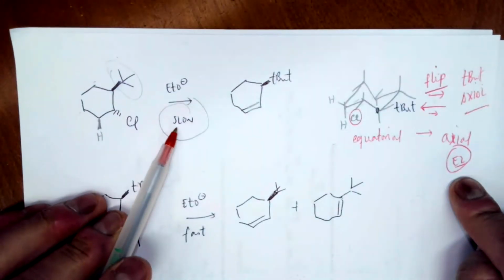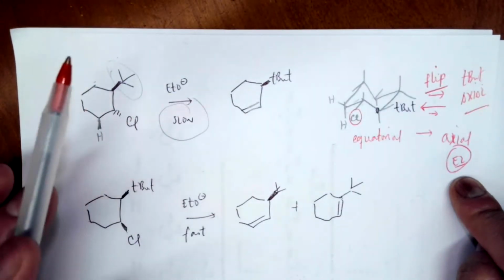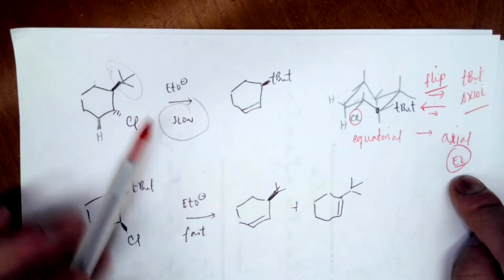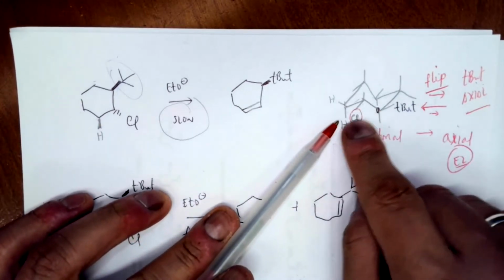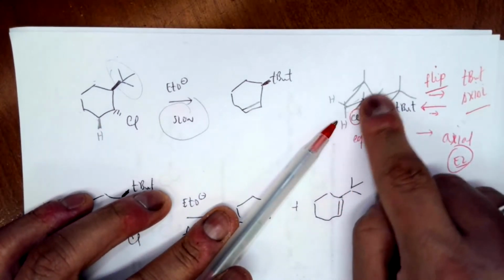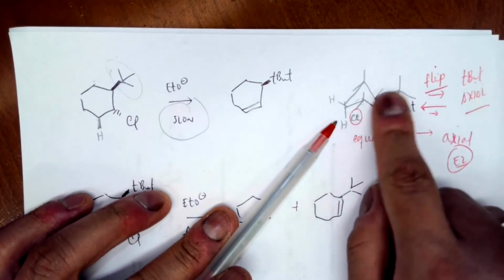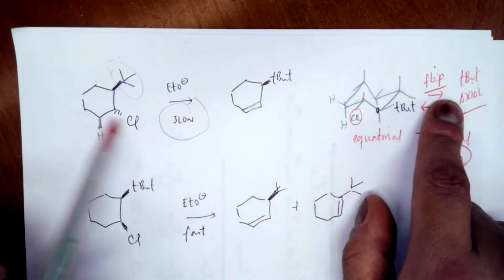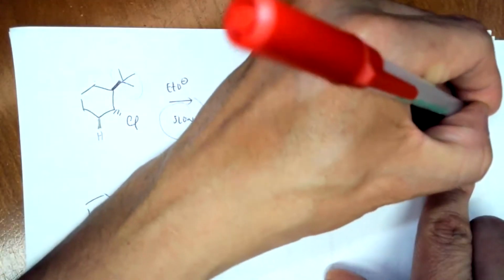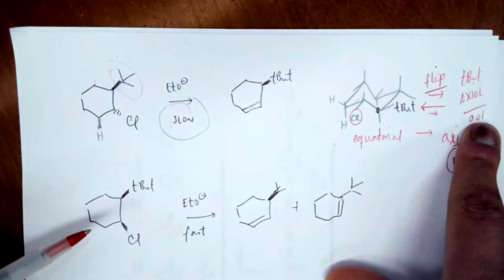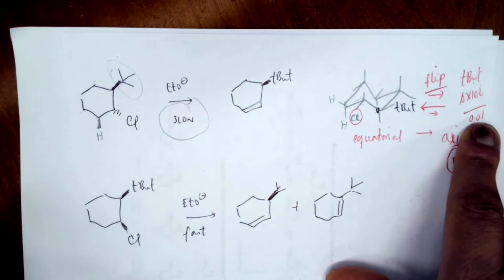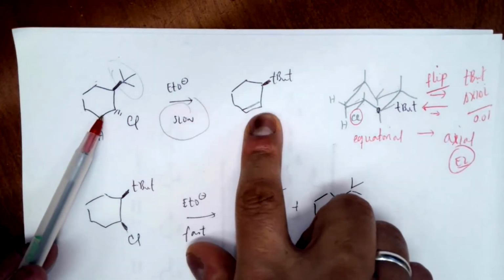That's why the reaction was very slow, because only a very small portion of this chair flips. So even though you do the reaction, you will only be consuming 0.01%, let's say in a minute. That's why the reaction is very slow. Let's see here.